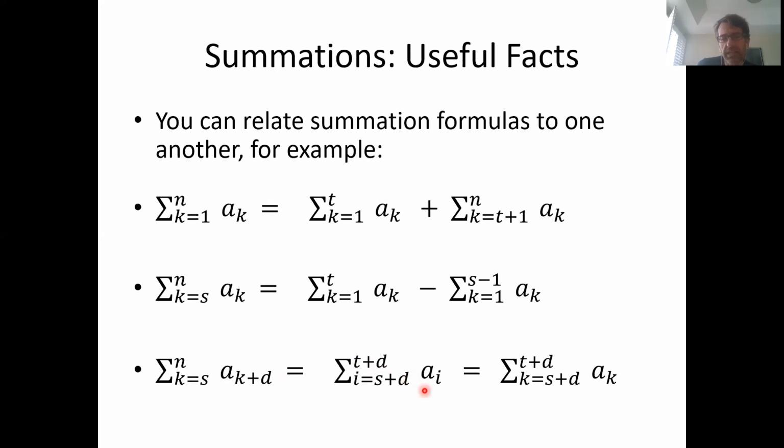So we sum to n plus d, from s plus d to n plus d. And this is, so I use this intermediate variable i, but I can change the variable, right? This is a free variable here. It's an index that goes from some start to some end, and I use it to index a sequence element.